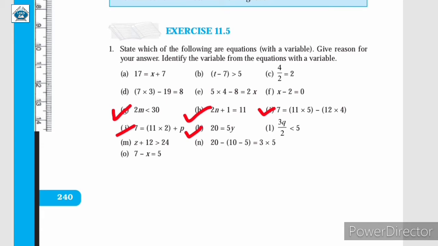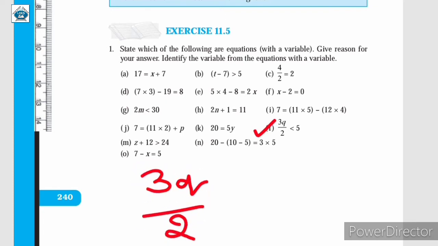All these questions are similar to the questions we just discussed. Let us see a few more examples of question number 1. Here in the next part we are given 3q divided by 2 is less than 5. Now it is very clear that we do not have the equality sign over here because there is a smaller than sign. So 3q by 2 is less than 5 is not an equation because it does not have the equality sign.